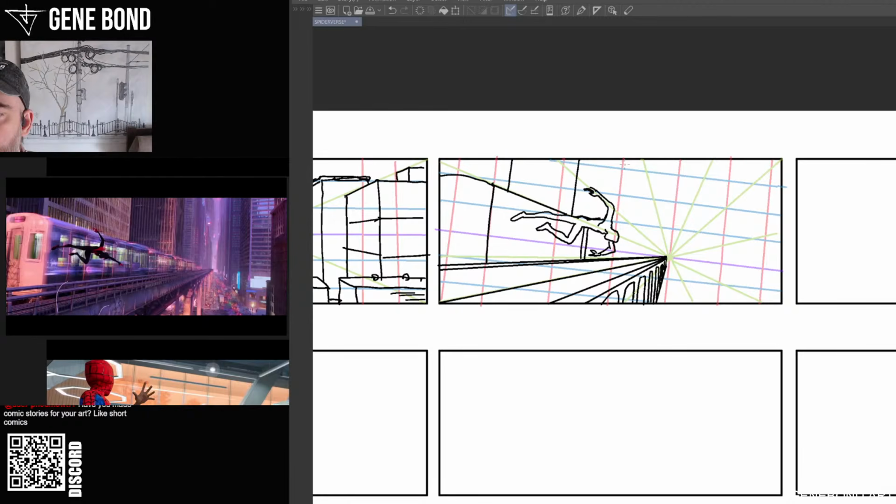So this train. It's just a very quick demo, because I really hate drawing environments in digital.